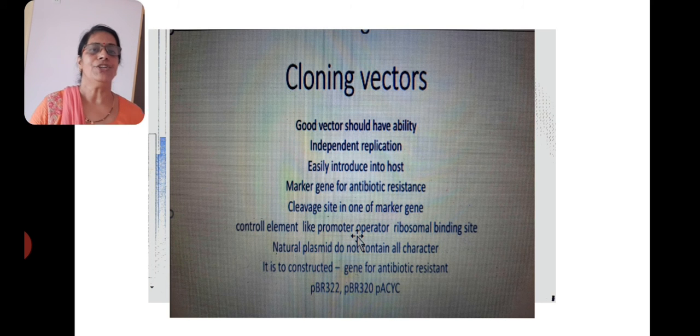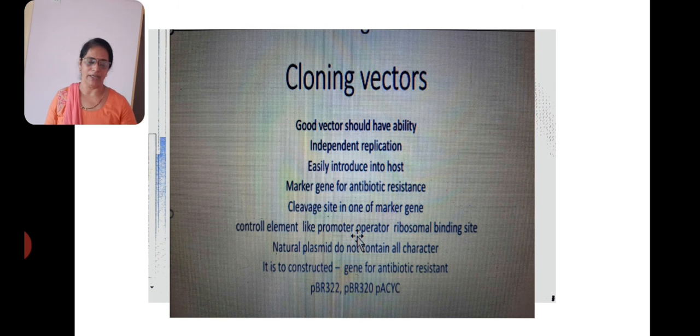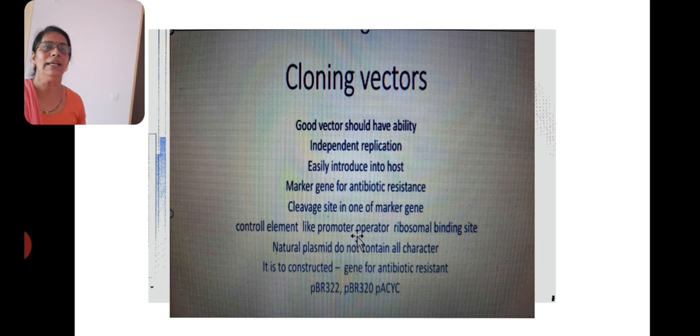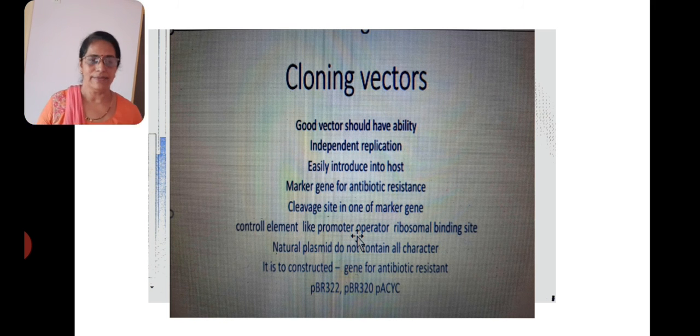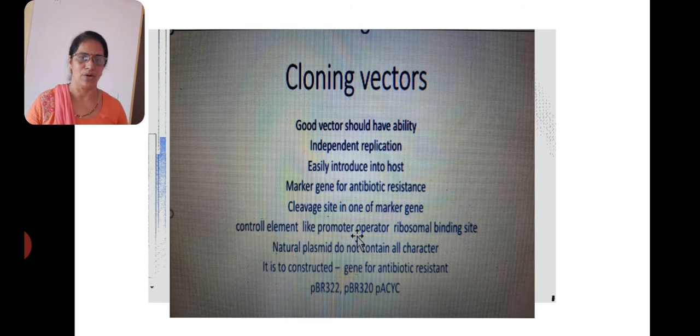Then it should have a cleavage site, because without breaking the DNA, we cannot insert the foreign DNA. Then it should have control elements like a promoter as well as the ribosomal binding site, and operator. Without the promoter or the operator, the RNA or the enzymes cannot be synthesized. You have seen this in the operon concept.